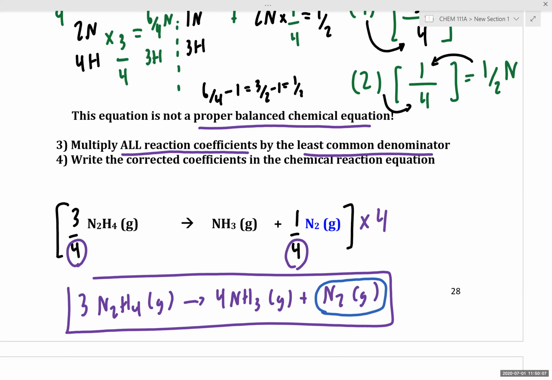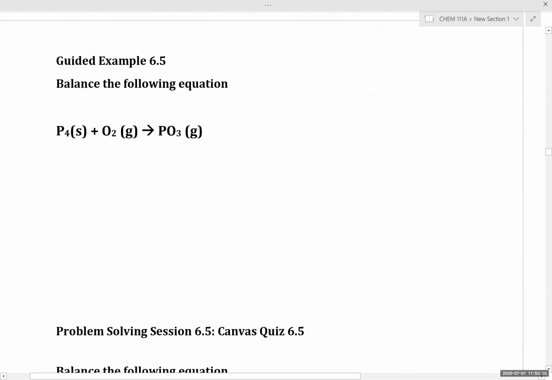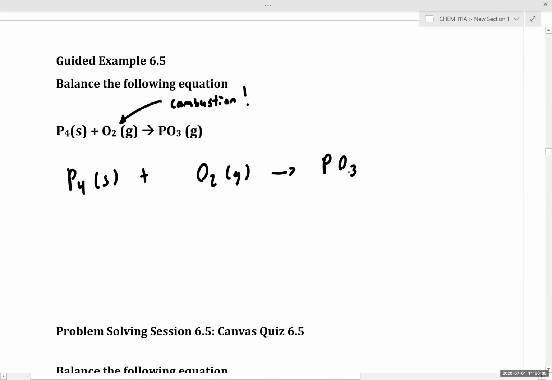If not, before we close out, let's look at the following equation where we're asked to balance the following equation. Anytime you see a reaction involving oxygen, these are typically known as combustion reactions. These are the best case scenario for this half notation method. So let's write out each of our formulas. And counting atoms, I have 4 phosphorus and 2 oxygens on the left, and I have 1 phosphorus and 3 oxygens on the right.